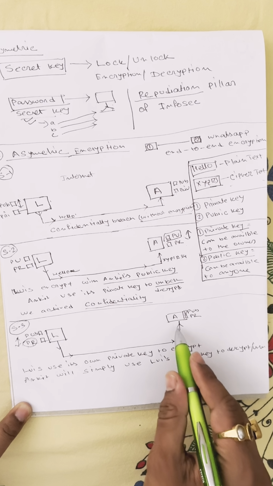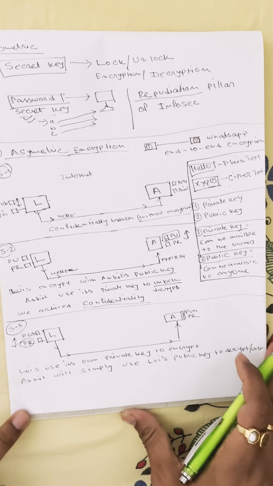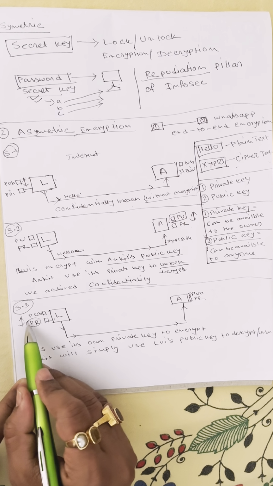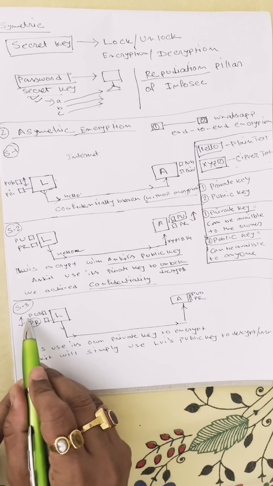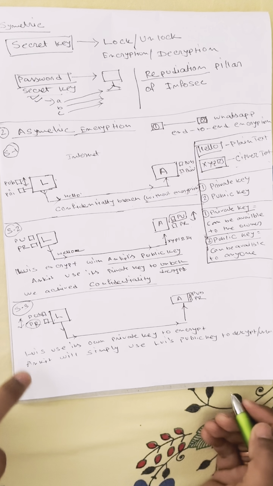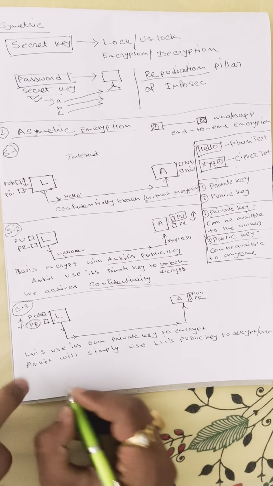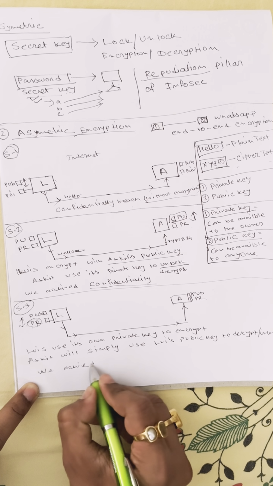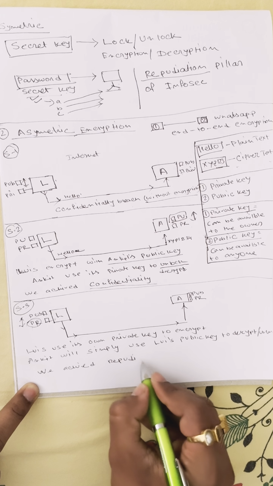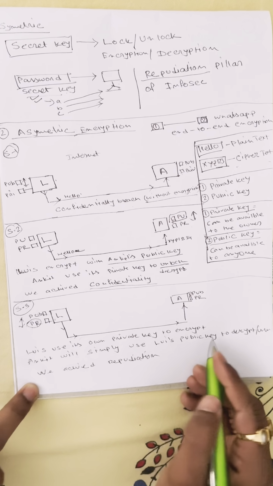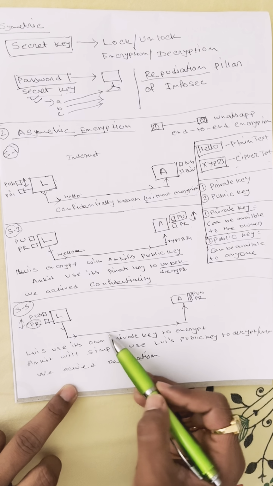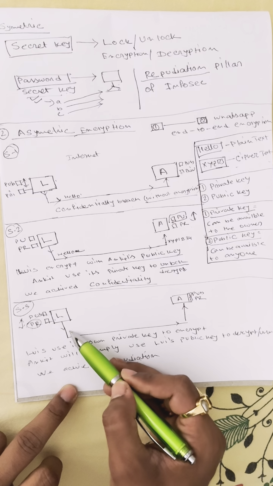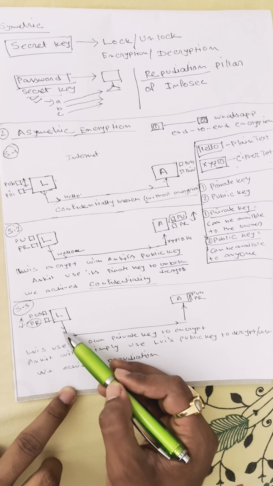Now Ankit is 100% sure that this message came from Louis, because it opened only by decrypting through the public key of Louis. Now we achieve repudiation, because Louis cannot deny that he did not send this message, because Louis has its own private key here. Louis cannot deny I did not send.